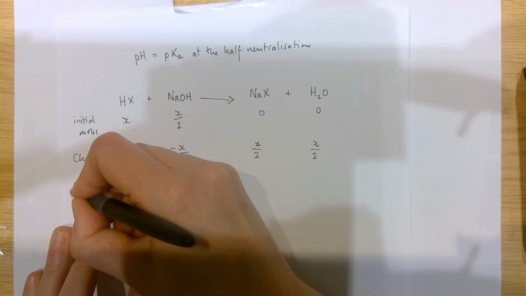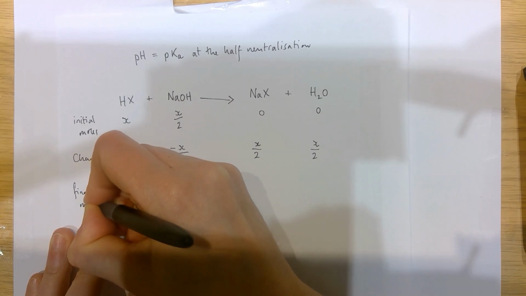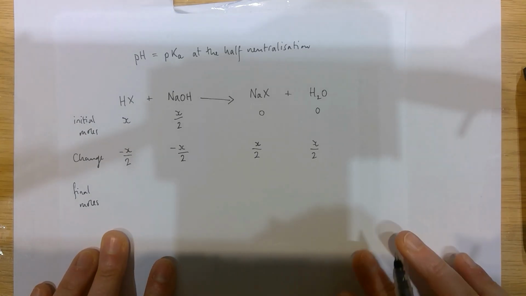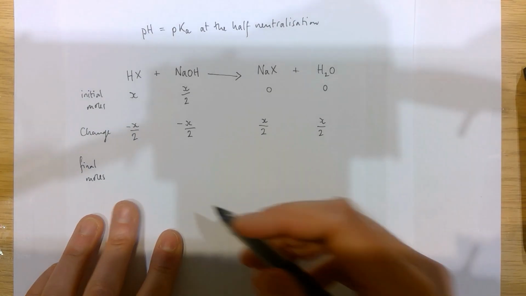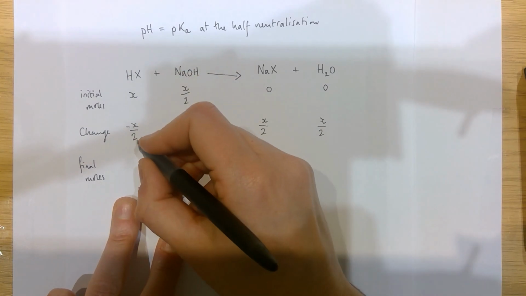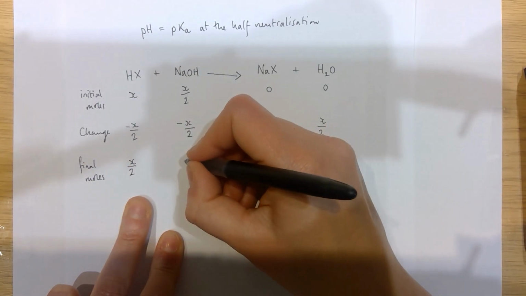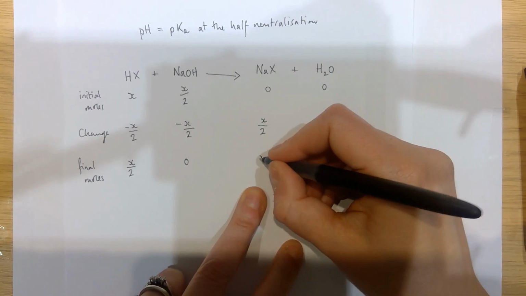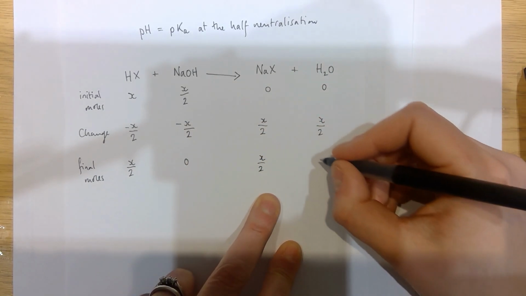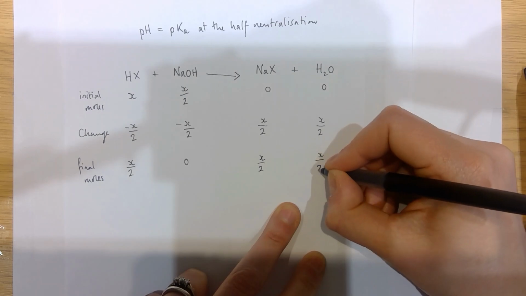So our final moles, this is just the same method that you would use if you were doing a normal calculation with numbers rather than algebra. x minus x over 2 leaves us with x over 2 left over. No sodium hydroxide, x over 2 moles of NaX, and x over 2 moles of water.